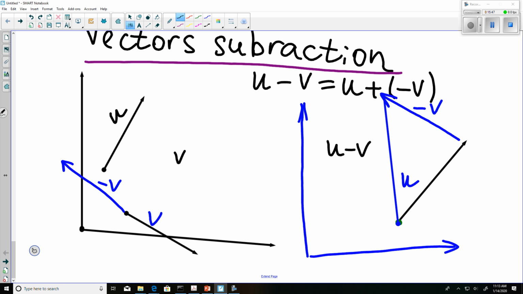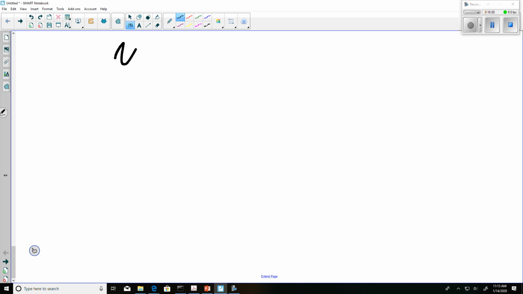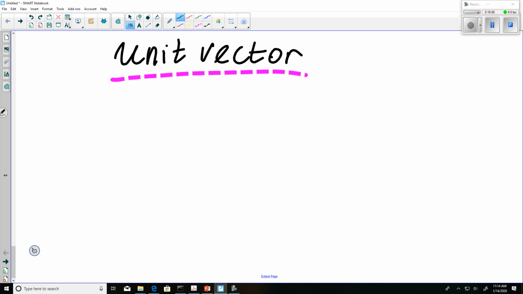And guys, last thing, it will take about 2 minutes. Does that make sense, people? Last but not least, that's the unit vector. A unit vector has the same direction as the original one.